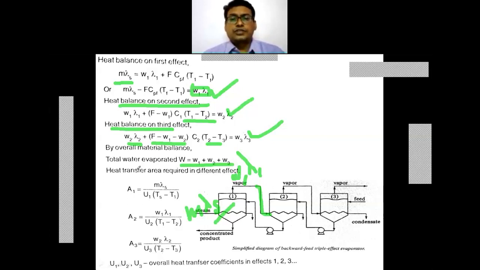So the heat transfer area required in the different effects is A1, which is equal to m lambda s upon U1 into Ts minus T1. Similarly, A2 equals the heat transferred in this effect, W1 lambda 1, upon U2 into T1 minus T2, and similarly for A3 also.